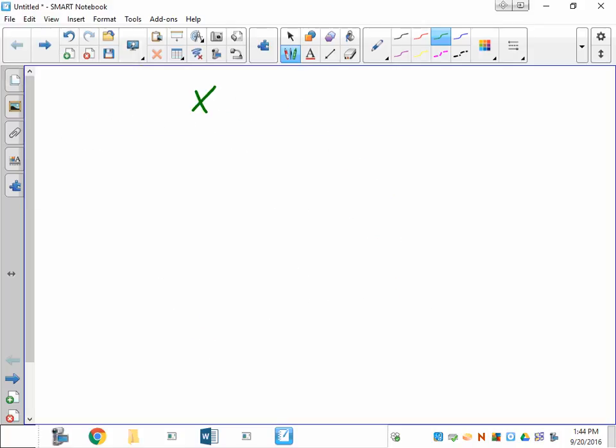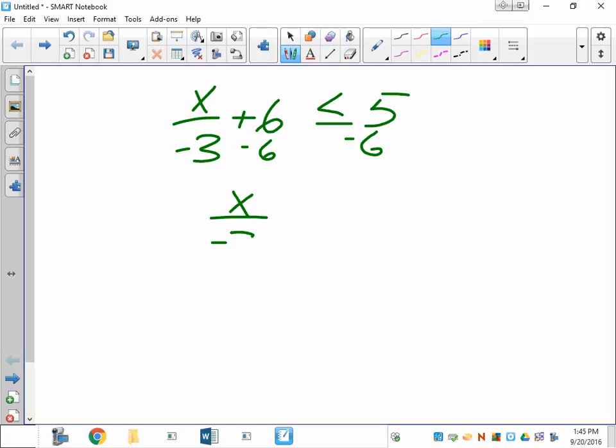So x over -3 minus 6 is less than or equal to 5. What should I do to this to start off with? Subtract 6. X over -3 is less than or equal to -1.